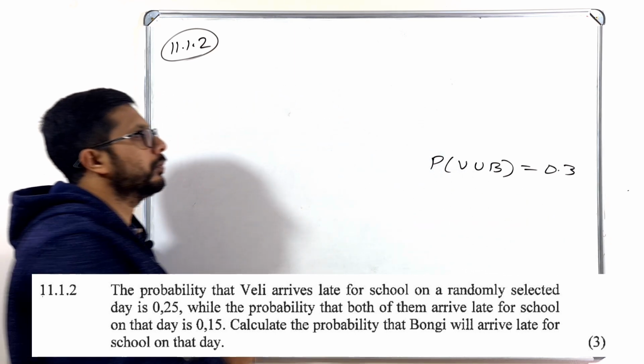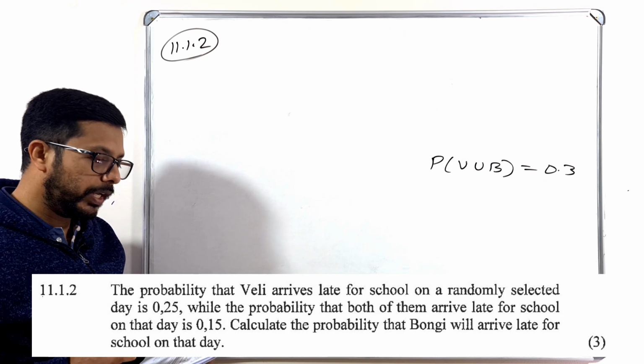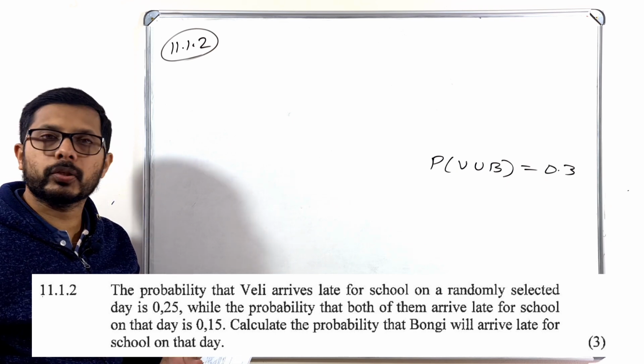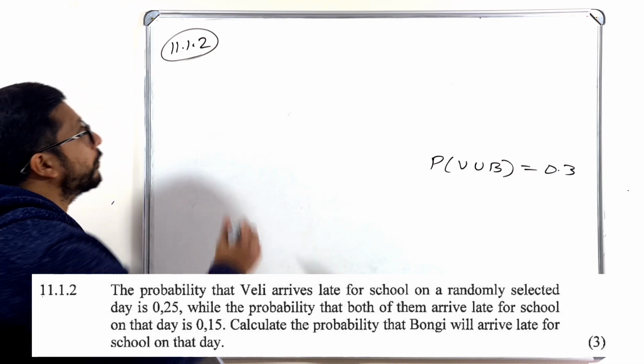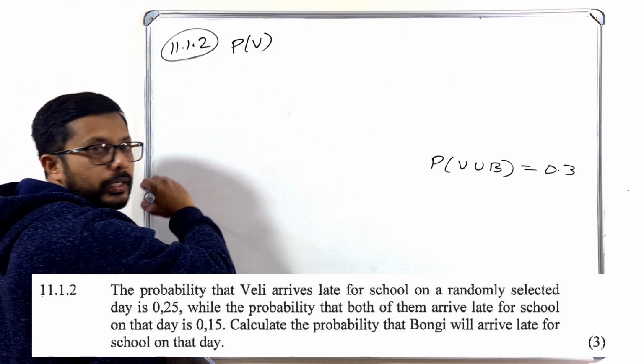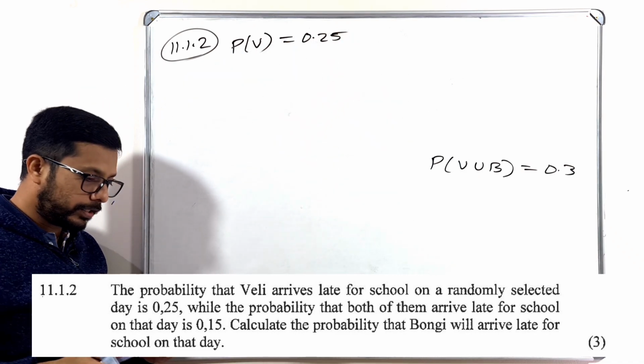Now come back to this question. The probability of Valley arriving late is 0.25.